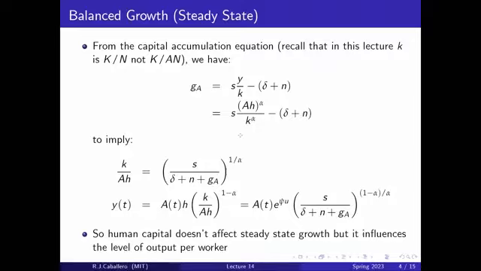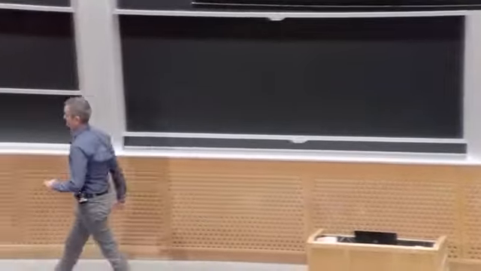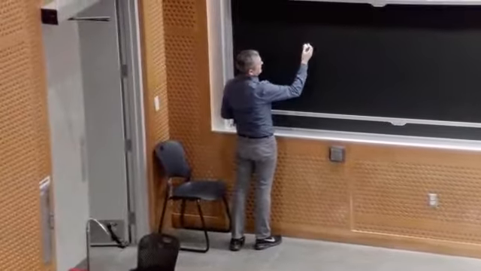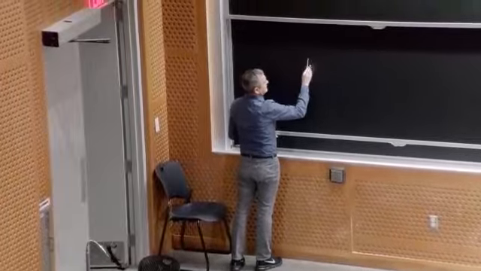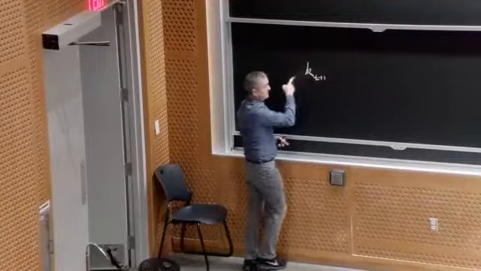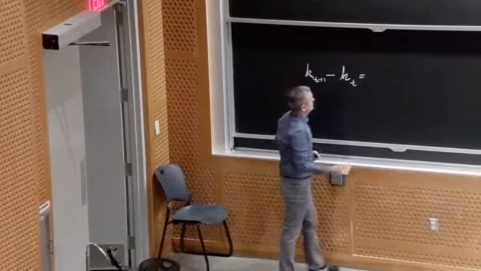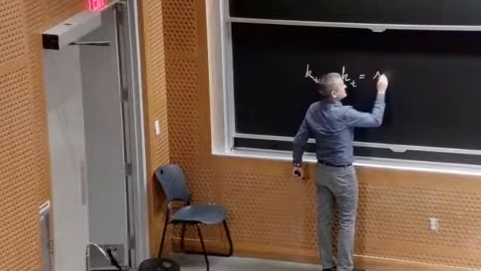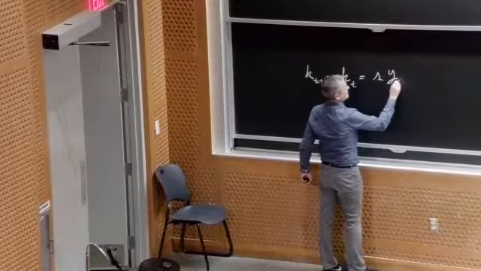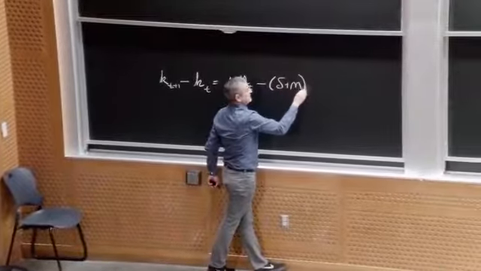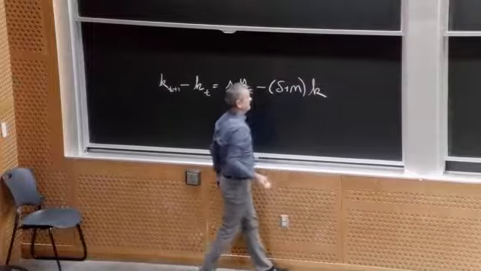From the capital accumulation equation, remember the capital accumulation now written per person will be: k_{t+1} minus k_t equals s times y_t minus (delta plus n) times k_t.